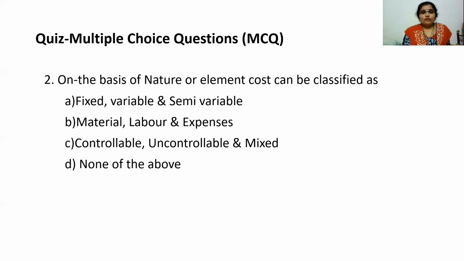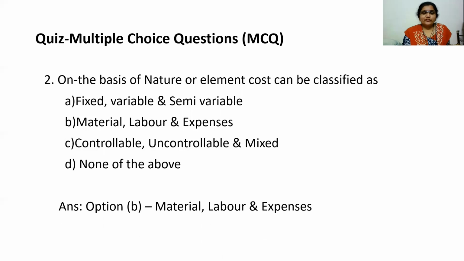On the basis of nature or element, cost can be classified as fixed, variable and semi-variable, or material, labor or expenses, or controllable or uncontrollable, or mixed, or none of the above. Which is the answer? Yes, it is the second one, that is material, labor and expenses.